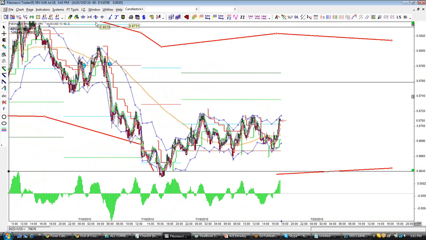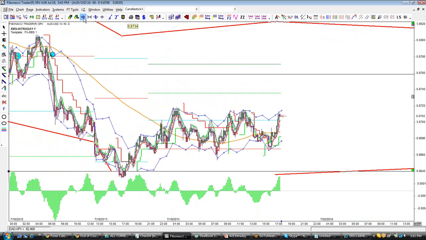We have an absolutely similar setup with Aussie USD. Do you guys have any further questions?